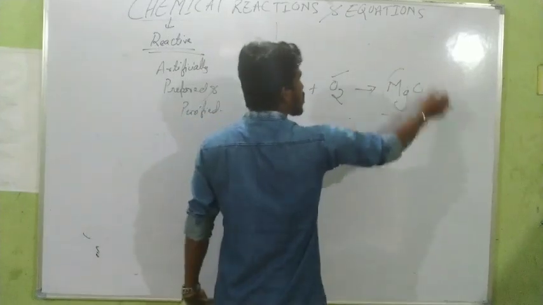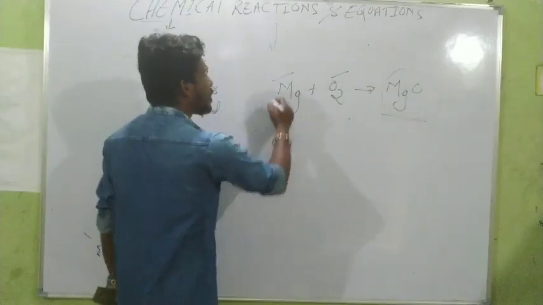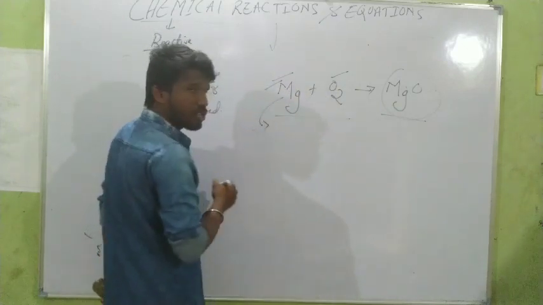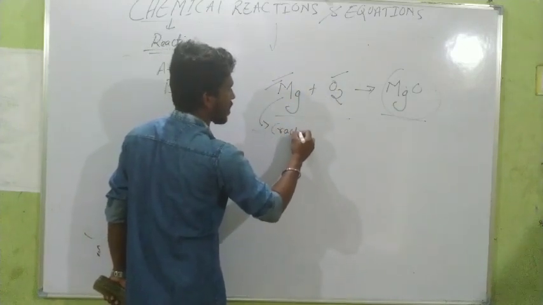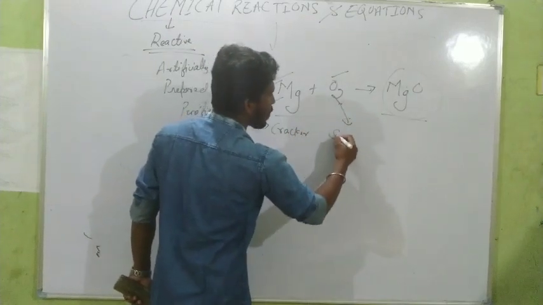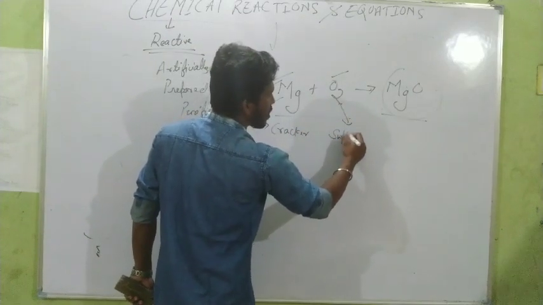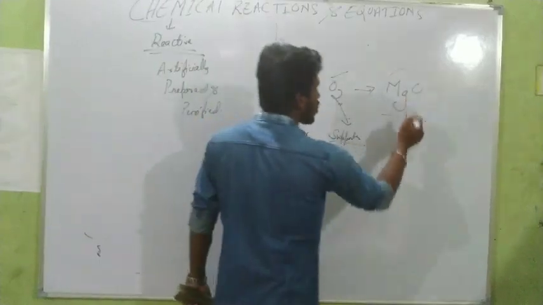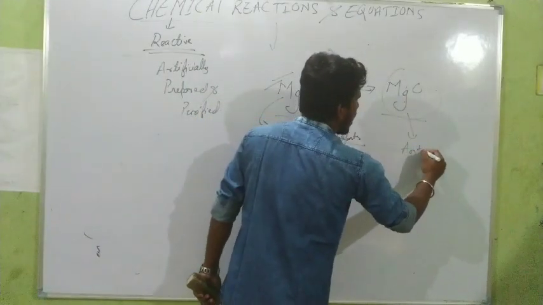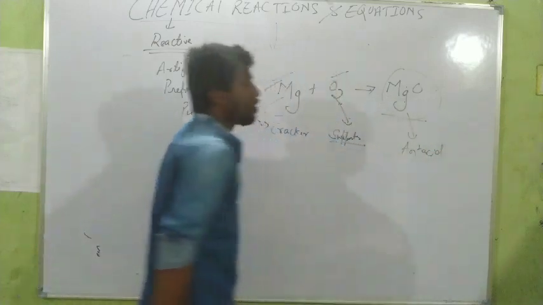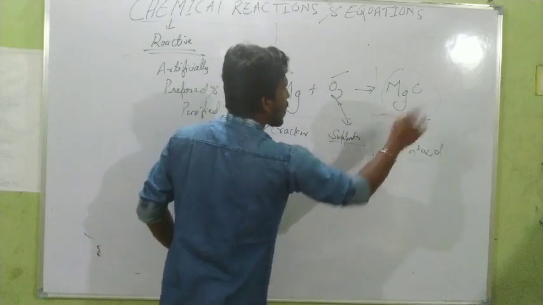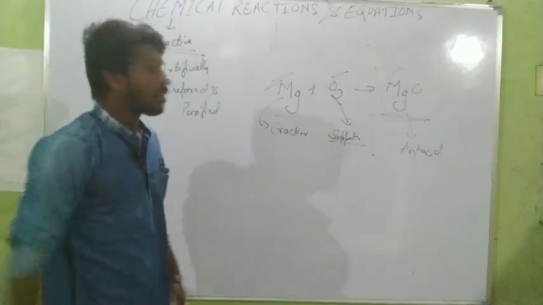Here we have two elements, magnesium and oxygen. Magnesium oxide has different properties than magnesium and oxygen. Magnesium is used in the preparation of crackers, and oxygen is a supporter of combustion, whereas magnesium oxide is used as an antacid. So this thing has different properties than the other two.